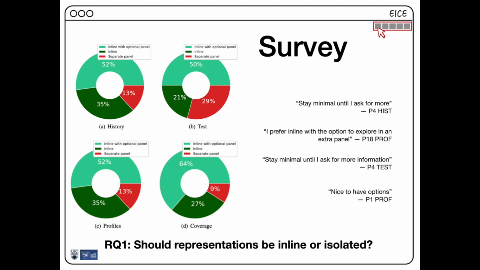Inline representations were considerably more popular with the survey developers because they don't like the proliferation of panels around the code editors. Simultaneously, developers found isolated panels better at presenting summary data and have some capabilities inline representation lacks. The option to activate an isolated panel from an inline representation could increase the utility of both representations.